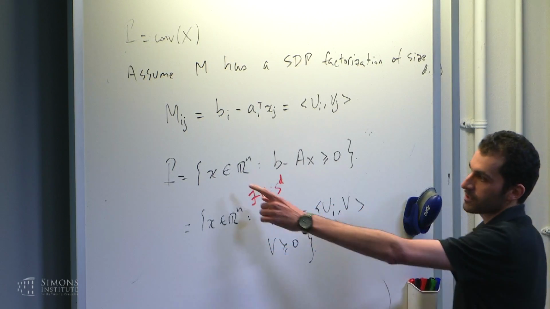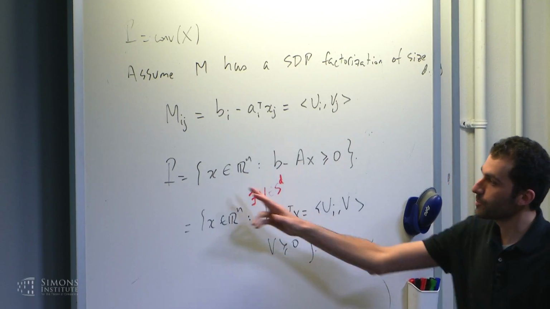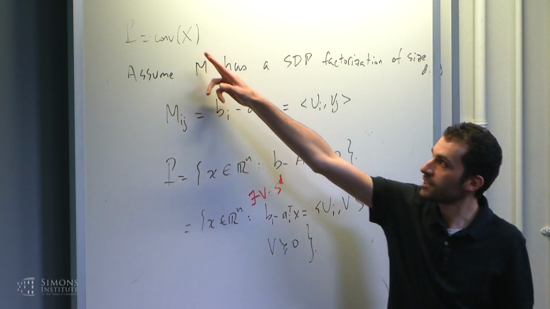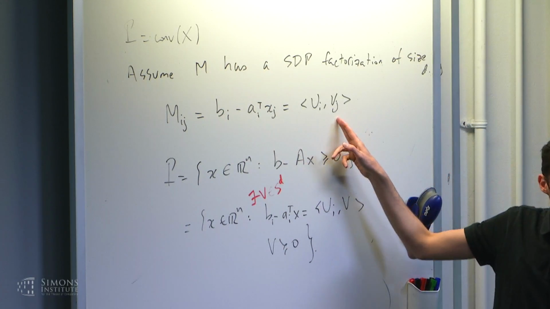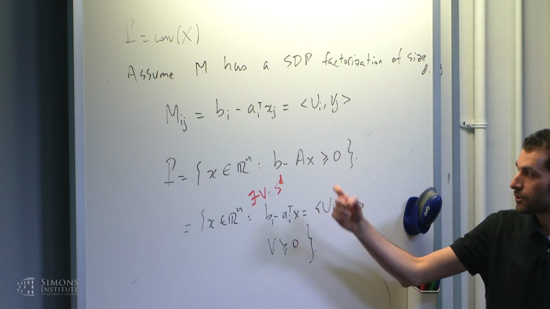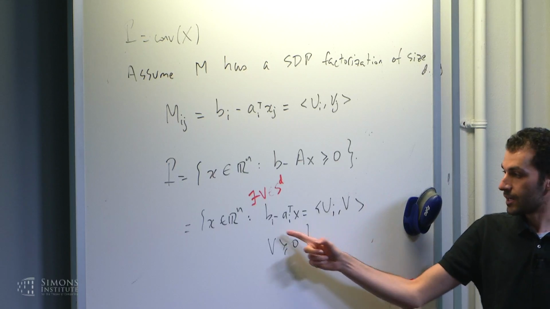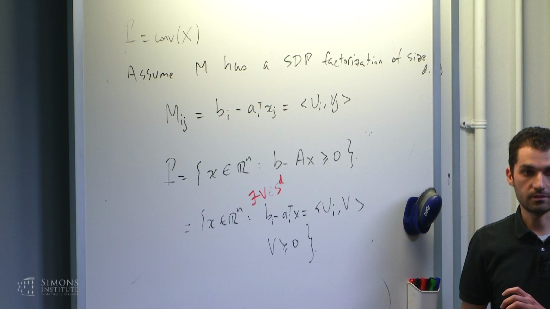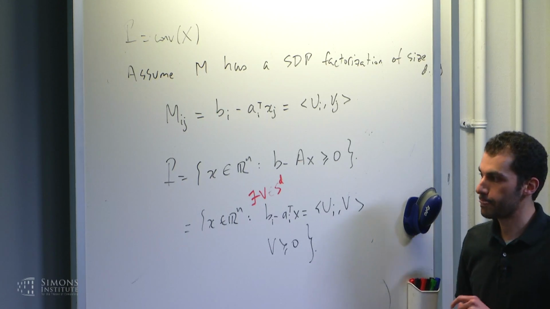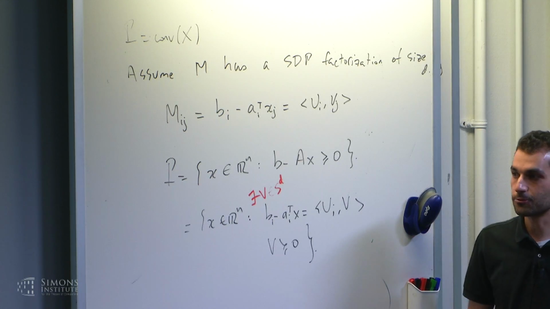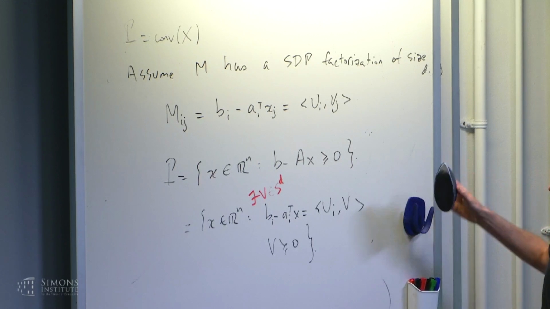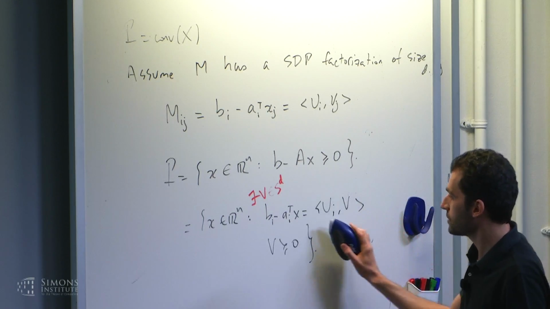If I take a point in here, it's a convex combination of elements of X. For each element of X there is a certain Vj, and if I take V to be the convex combination of these, I get this equality. It's an easy proof, again exactly similar to what Thomas mentioned. And then you can also show the other direction.